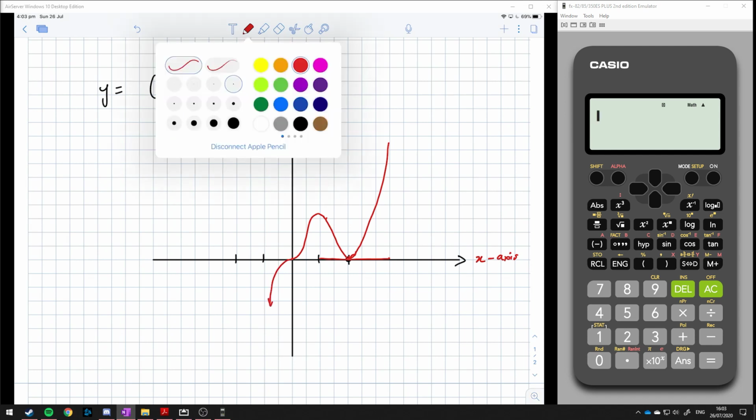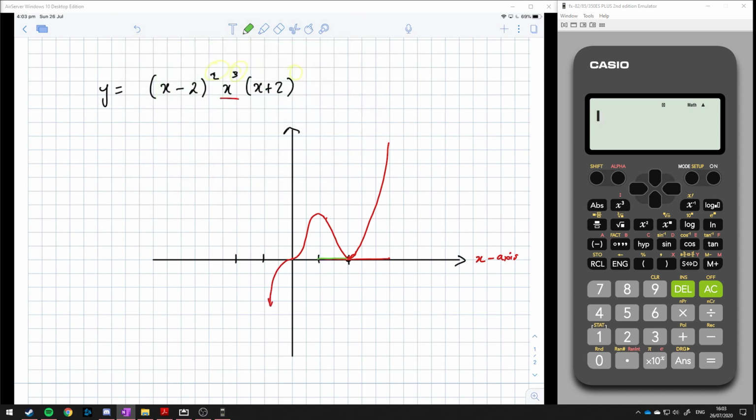If we were to look at the tangent at that specific point, it would also be flat, but this part of the curve crosses over the x-axis there. That is when m is greater than or equal to 3, odd, as opposed to when m is even over this one.